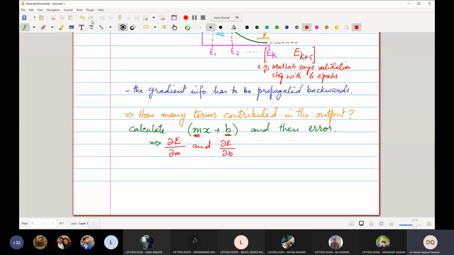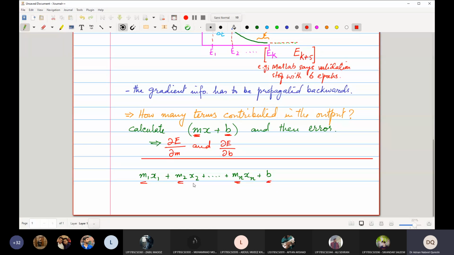Another important point: if we have a more complex equation, let's suppose m1 x1 plus m2 x2 plus mn xn plus b, then the error will have to be estimated on all of these.